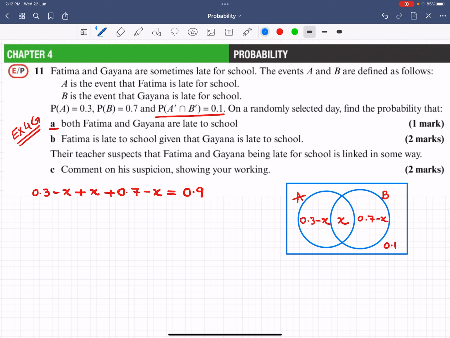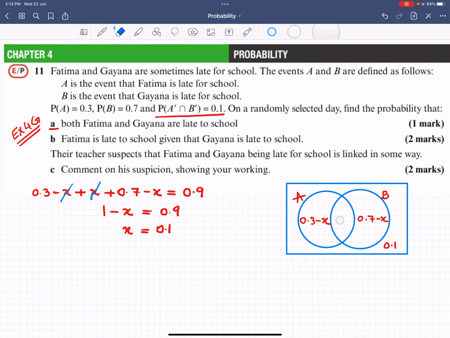We can cancel out minus x and plus x. 0.3 plus 0.7 is 1. 1 minus x is 0.9. Therefore, x is equal to 1 minus 0.9, that is 0.1. So we have found the probability of A intersection B.